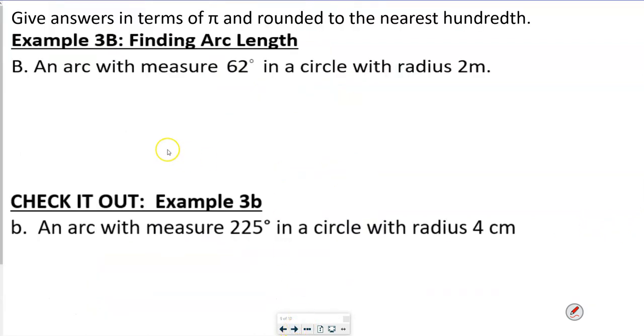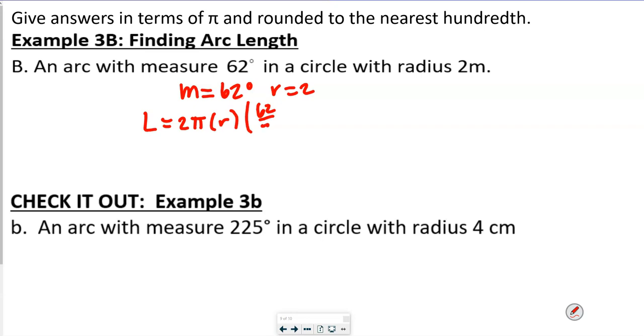All right, we got a couple more that are like word problems. An arc with a measure of 62 degrees and then a radius of 2. So here again, this is just not a drawing, right? So we're going to do the length equals 2 times pi times our radius times 62 over 360.